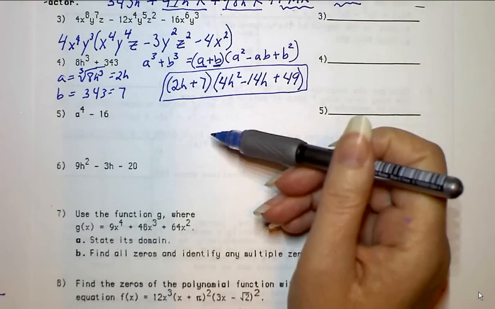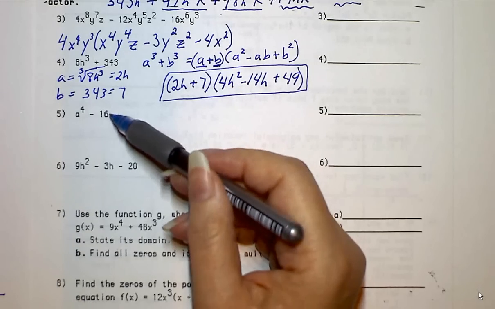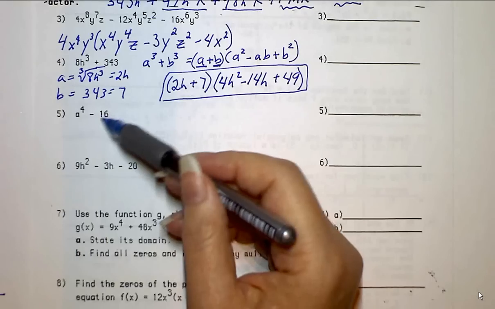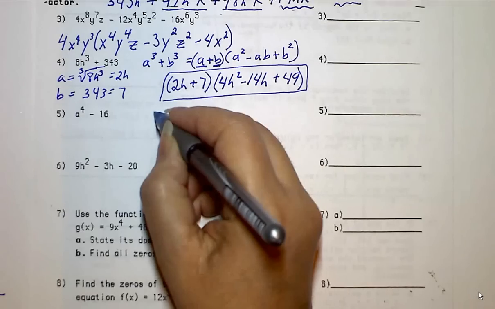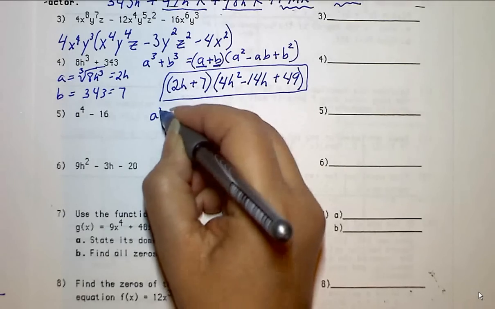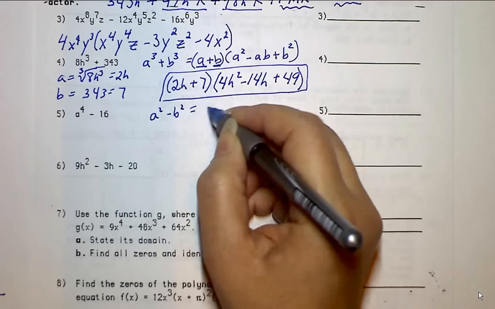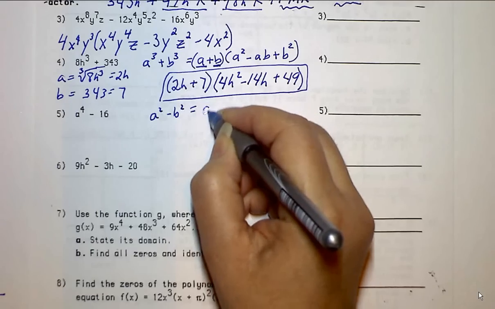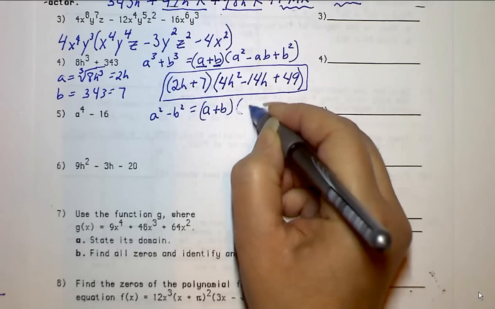So this has to be our perfect square, if it is one. So is 16 a perfect square? And it is. So our formula on this one is a squared minus b squared is equal to a plus b and a minus b.